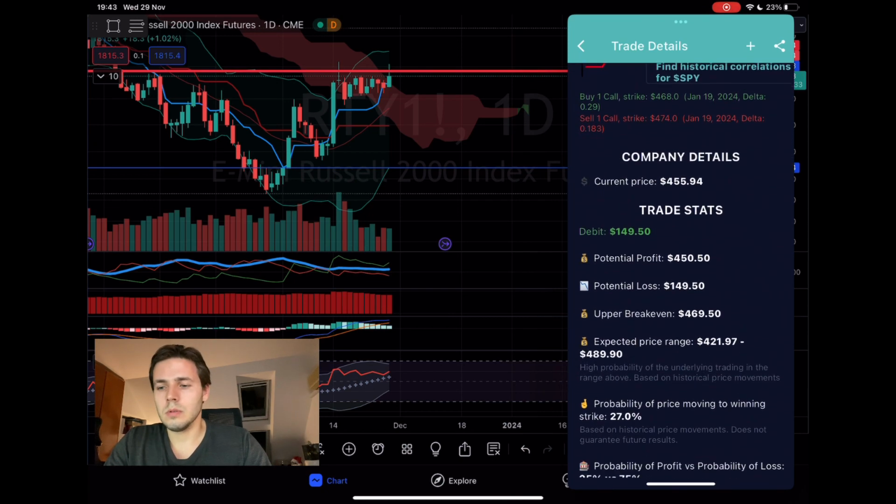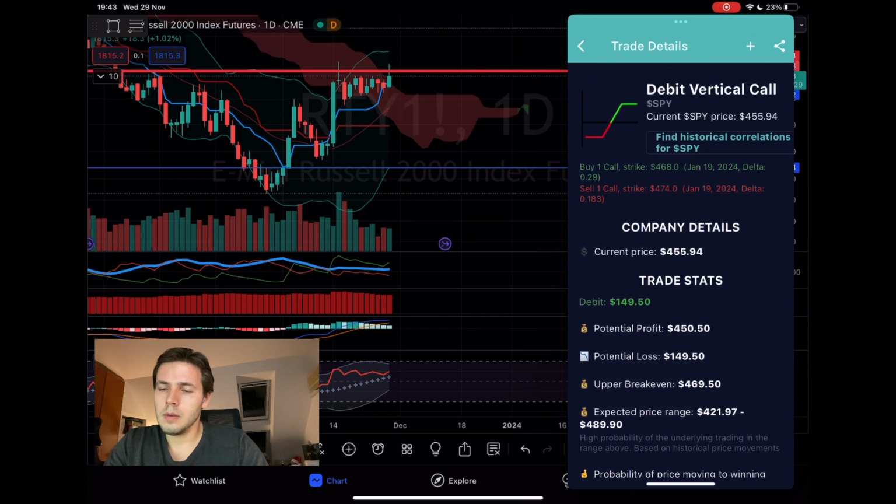Possible profit is pretty nice for 50, and the long call is 468 while we are at 455. Well, that actually might be a good trade, just a temporary trade, so we do not lose much while we wait for the drop.